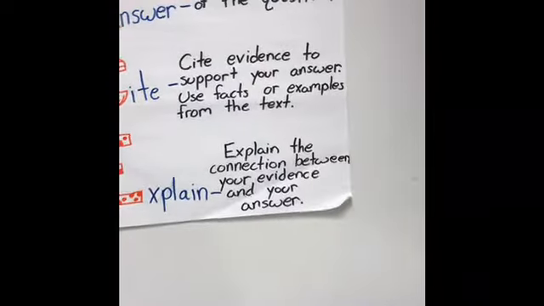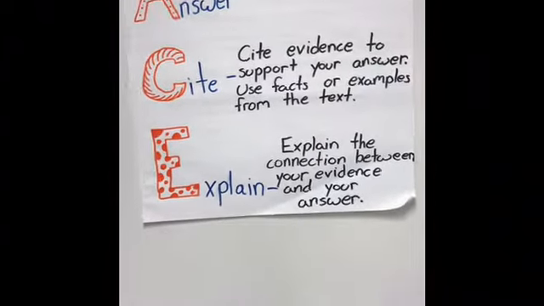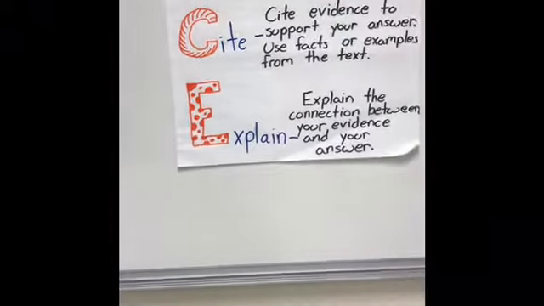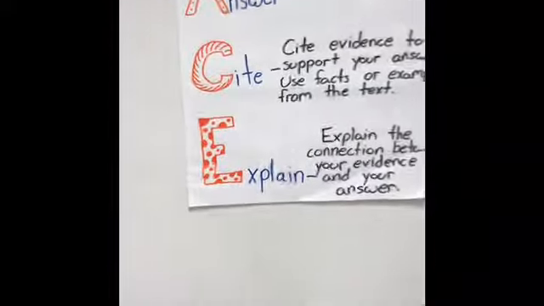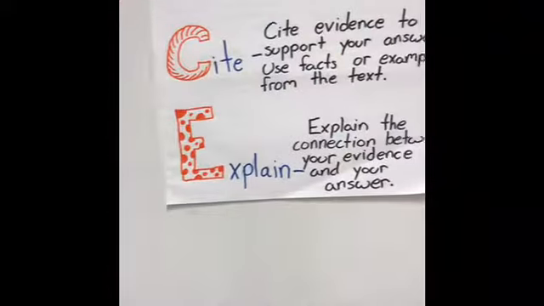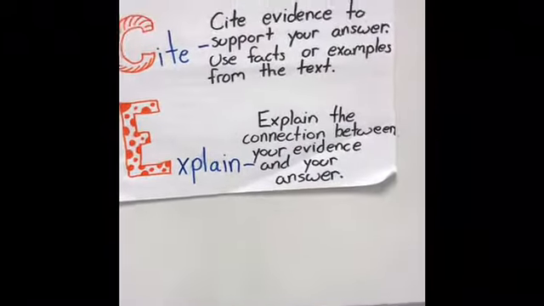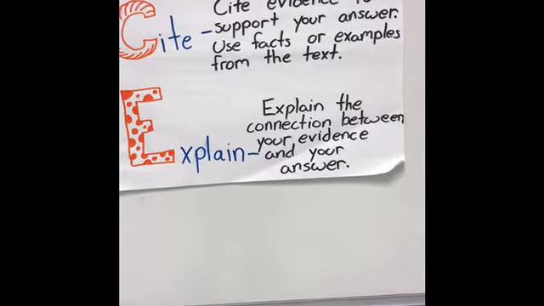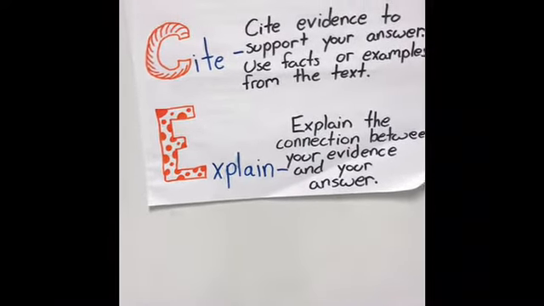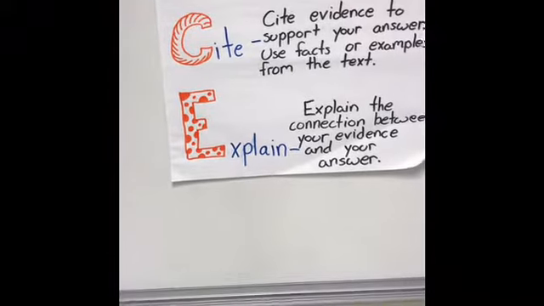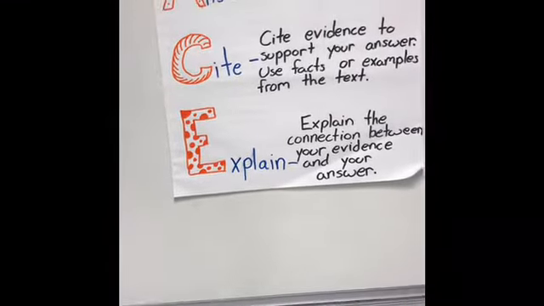Use the facts or examples from the story that we've read. Then, after we have cited our evidence, you need to explain the connection between your evidence and your answer. This is in your own words. You have to tell me where that connection is. Be able to defend your answer.